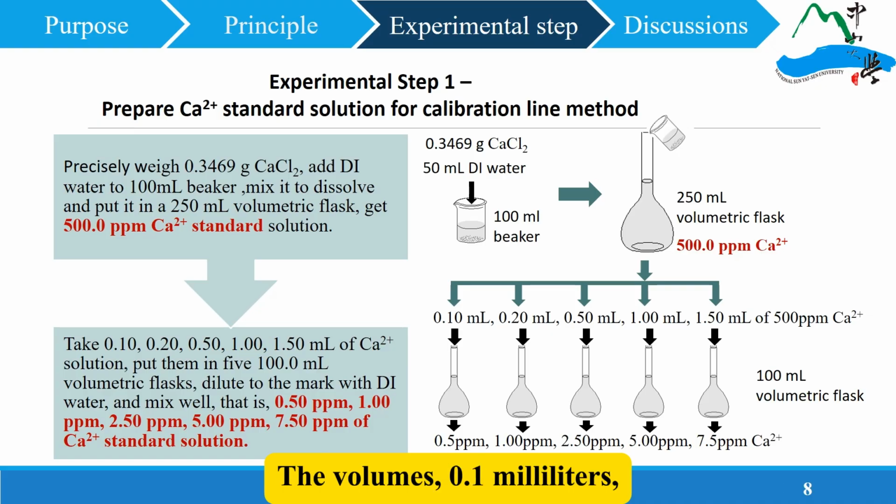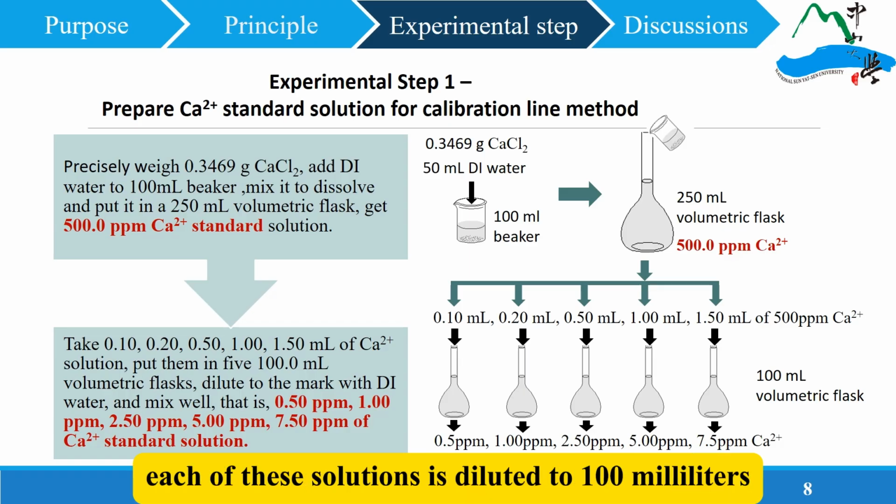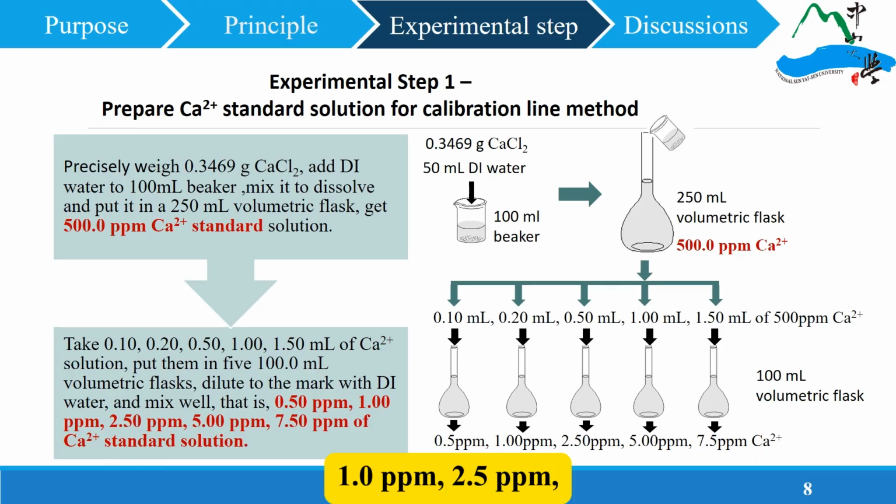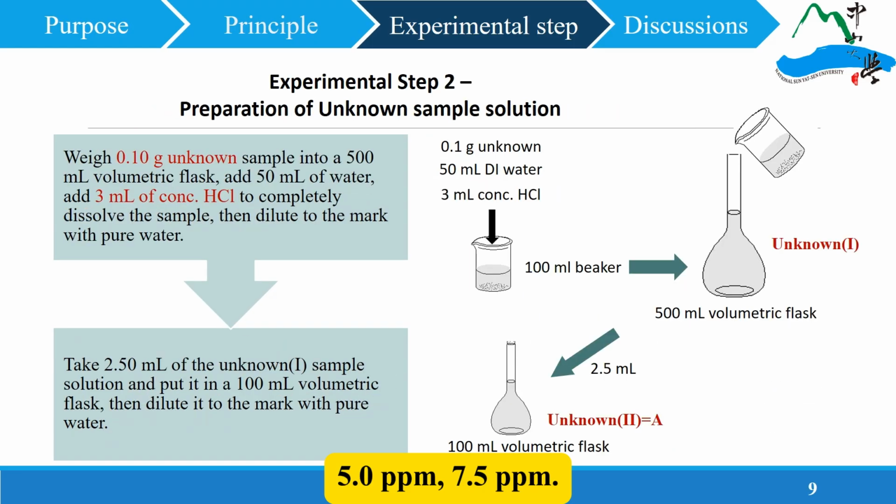The volumes 0.1 milliliters, 0.2 milliliters, 0.5 milliliters, 1 milliliter, 1.5 milliliters are taken from the stock solution. Each of these solutions is diluted to 100 milliliters with deionized water. We obtain standard solutions of 0.5 ppm, 1.0 ppm, 2.5 ppm, 5.0 ppm, 7.5 ppm.